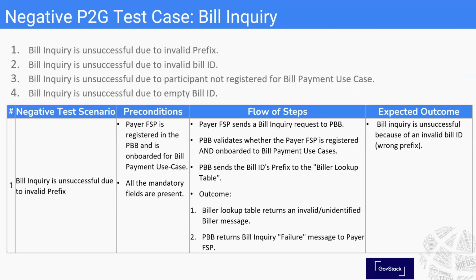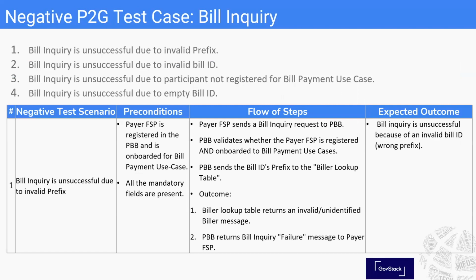The negative cases could be, for example, you send in an invalid prefix or an invalid bill ID itself. An invalid bill ID would not be tested in the payment hub itself, because payment hub does not know one bill ID from another. It knows the prefix only.